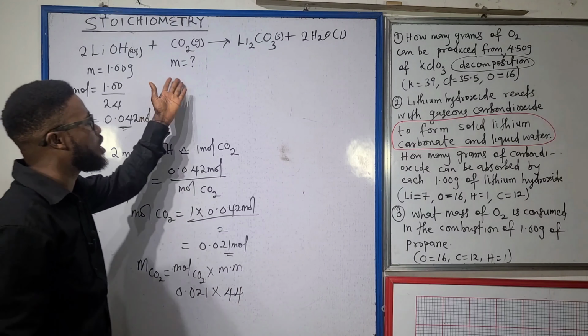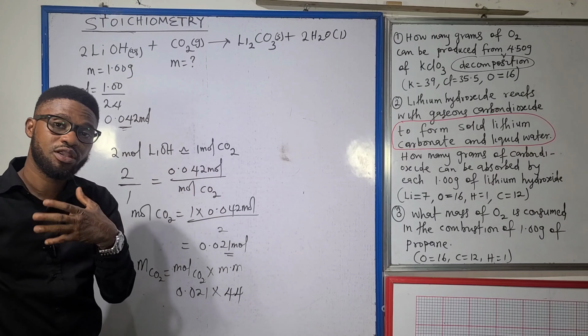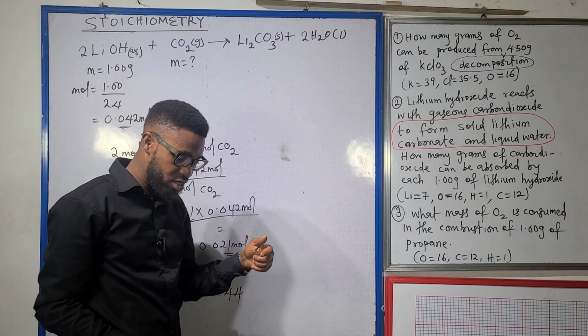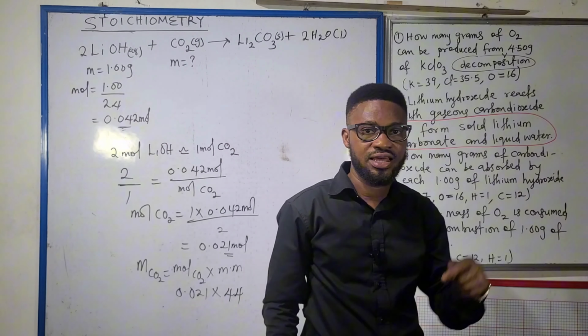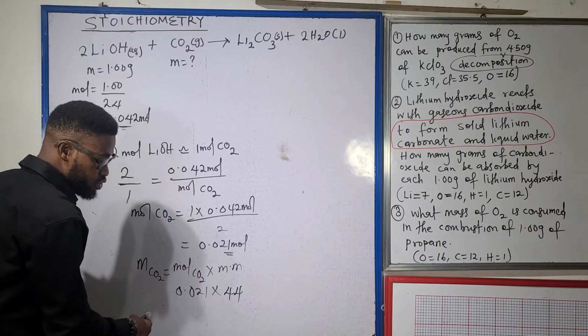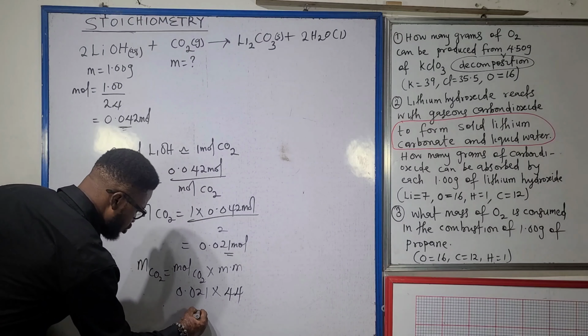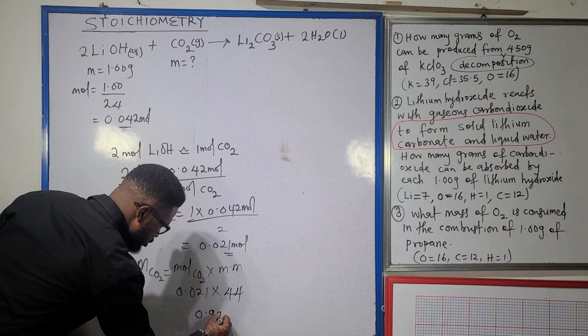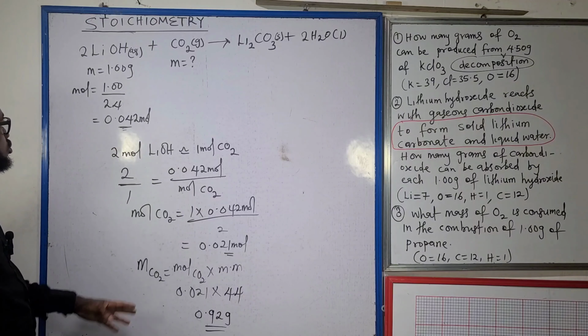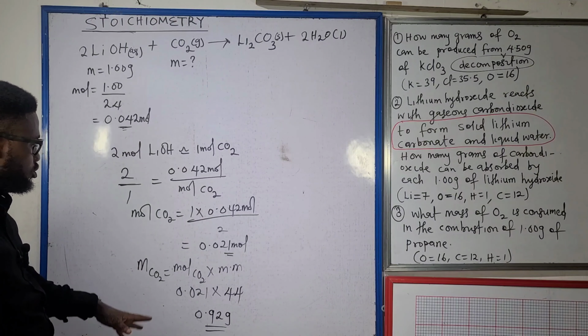In case you don't know how to calculate relative molecular mass or molar mass, or what we call formula mass, the link to that lecture video on how to calculate that is in the description to this video as well. So that's going to give you 0.92 gram, and that is how that works. So that is the answer to question 2.